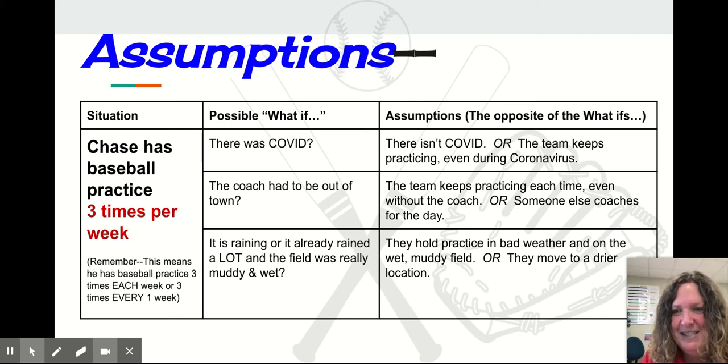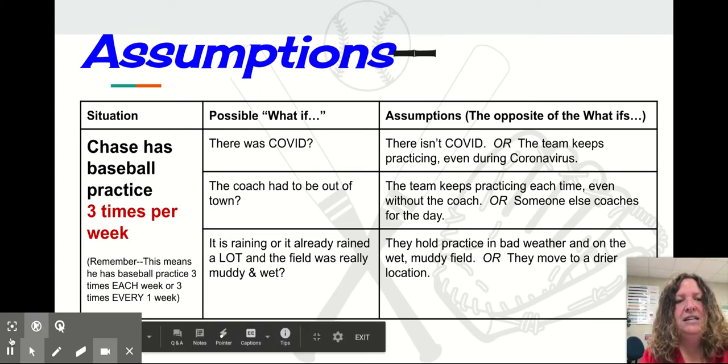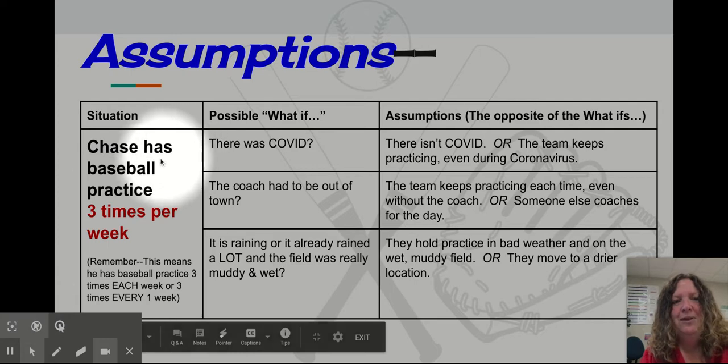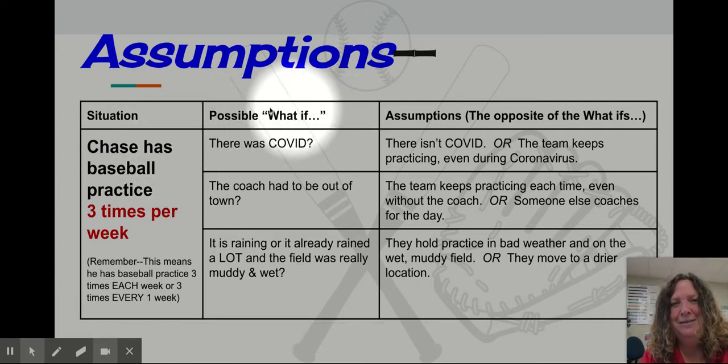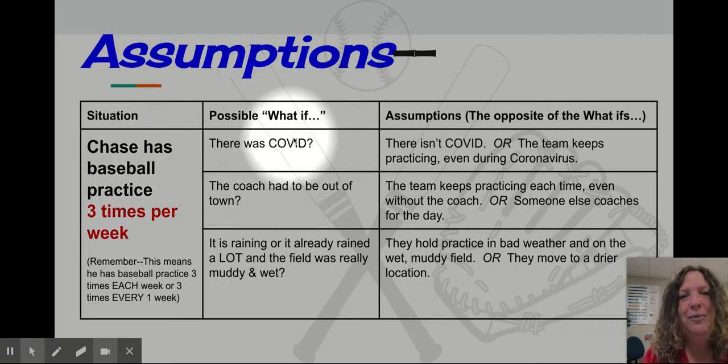Now, you might say, okay, but what assumptions do we have to kind of think in our mind about in order to make sure that we can make a rate table out of that's a constant rate? So here we go. Let's play the what if game. So Chase has baseball 3 times per week. Okay, but what if there was coronavirus? What if there was coronavirus?